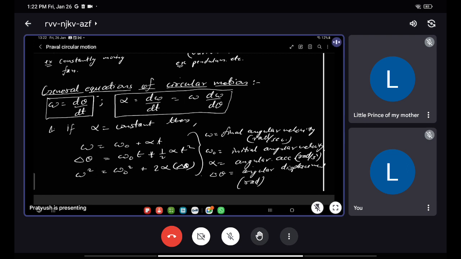Here also we can use the same set of equations, but the terms will be different. Initial velocity will be initial angular velocity, final velocity will be final angular velocity, acceleration will become angular acceleration, and displacement will become angle covered. That's it.